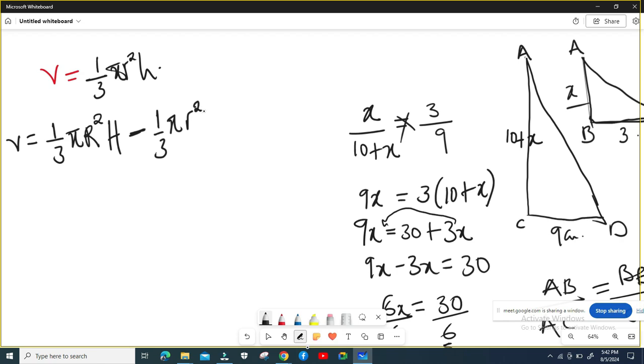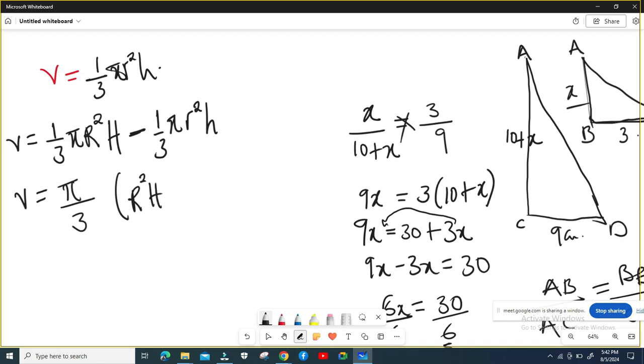To make our life easy, we can factorize the formula, where pi is common and over 3 is common. What is different is R squared H minus r squared h.